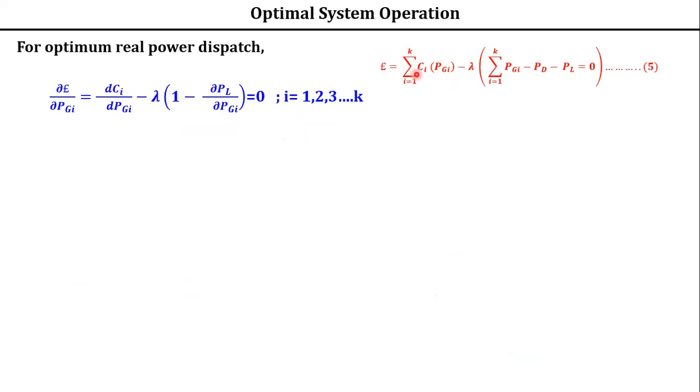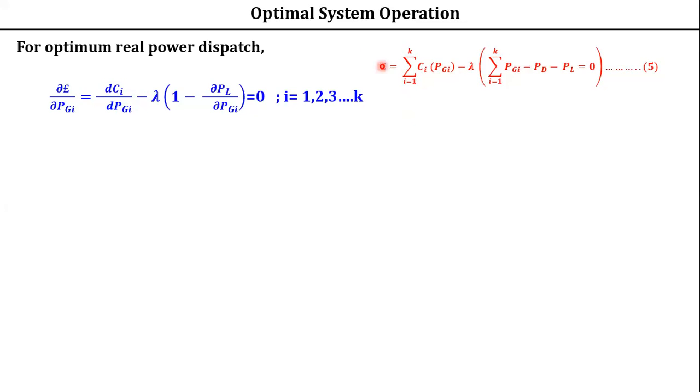So this becomes dCi by dPGi when you take the derivative of that, because when i is equal to 1, it is PG1, C1. With respect to PG1, it is only 1, because for each unit we are taking the partial derivative, isn't it? So that's why it will become only 1, dCi by dPGi minus lambda.